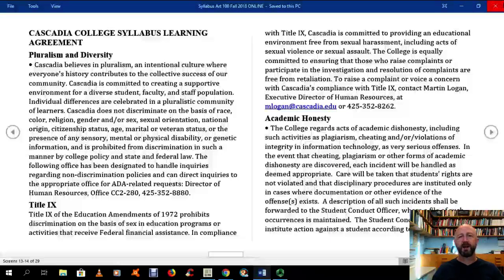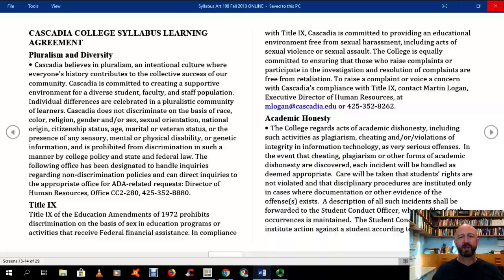This has, and you'll find this in every syllabus that you get from Cascadia, all of the basic information that is helpful to you about what our commitment is to pluralism and diversity or inclusion, academic honesty. Please don't plagiarize.